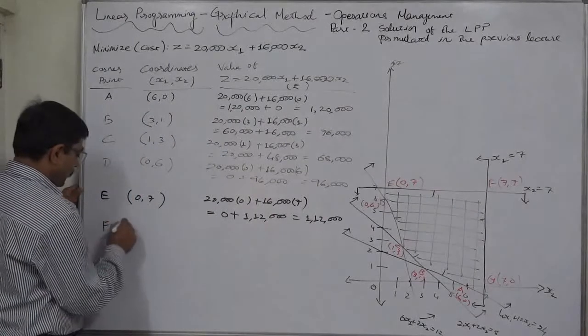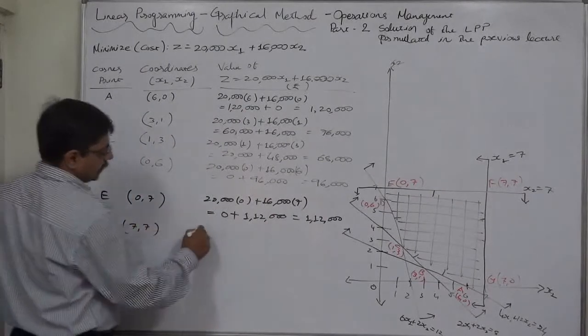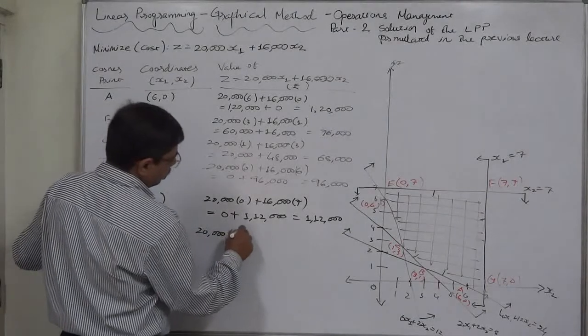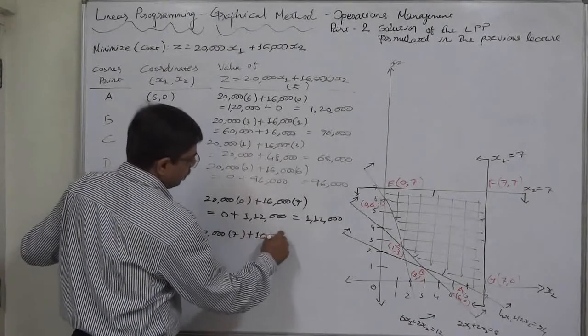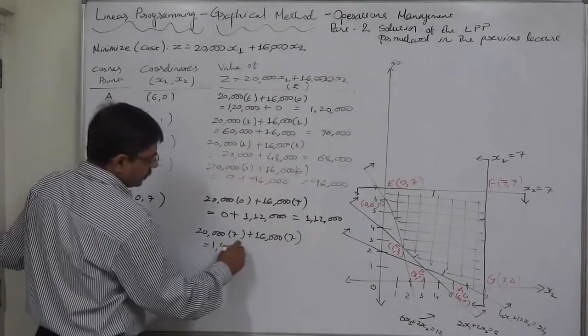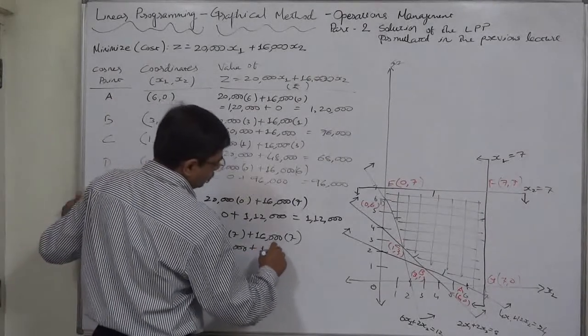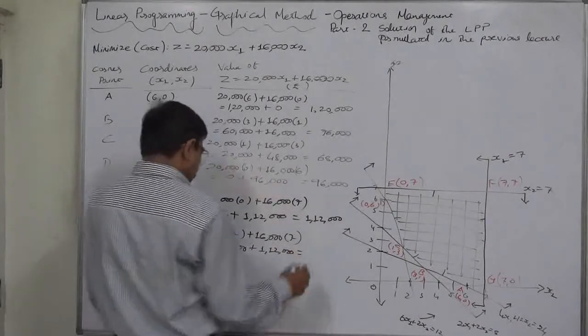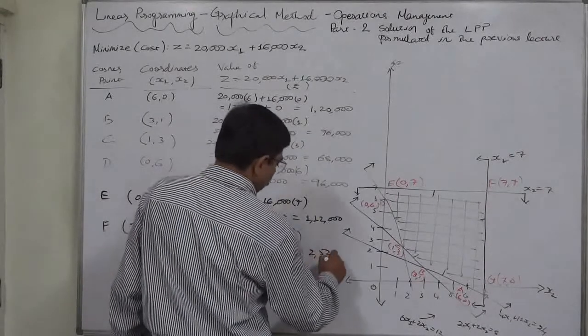F, 7 and 7: 20,000 into 7 plus 16,000 into 7, that means 1,40,000 plus 1,12,000, and that is 2,52,000.